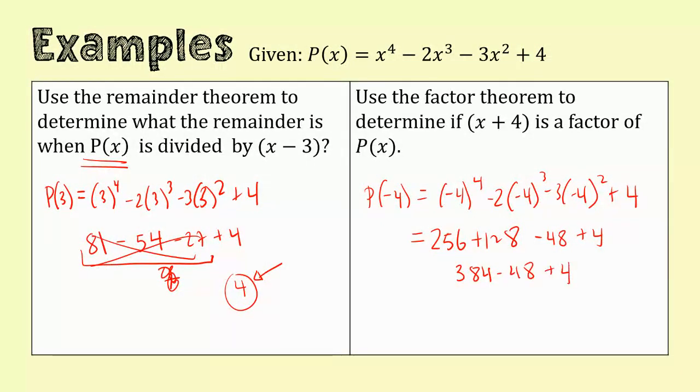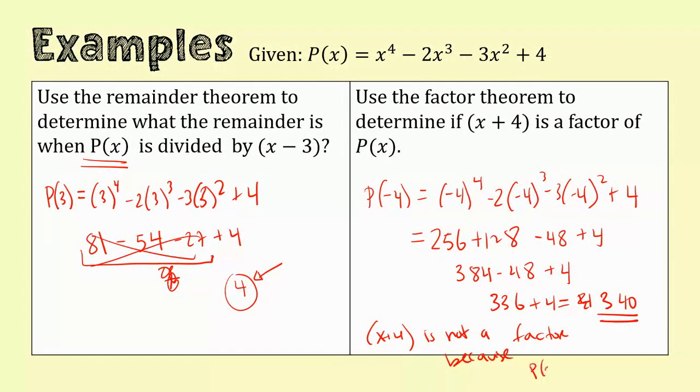So 384 minus 48 is going to be 336 plus 4 is going to give me 340. Right? So use the factor theorem to determine if x plus 4 is a factor. X plus 4 is not a factor, right? Because p of negative 4 did not equal 0. Okay?